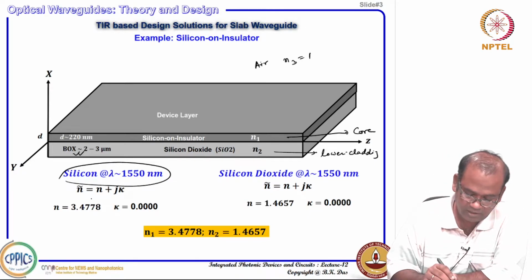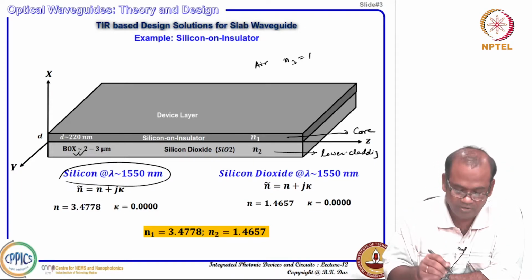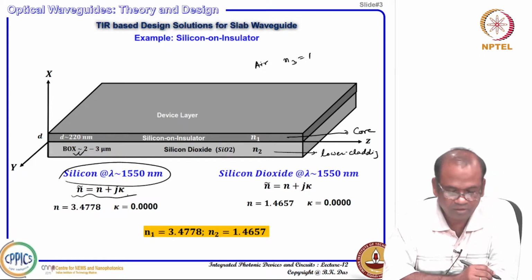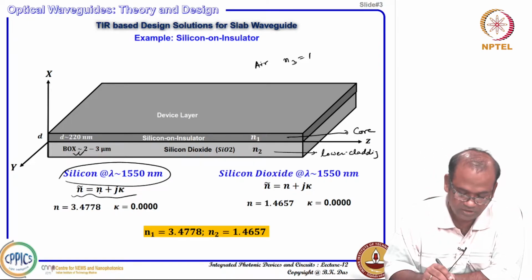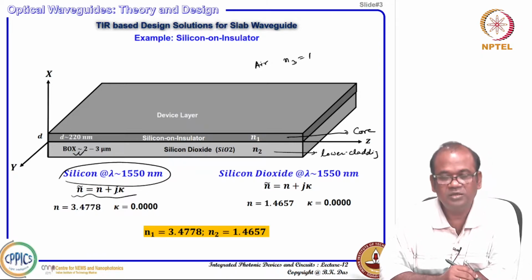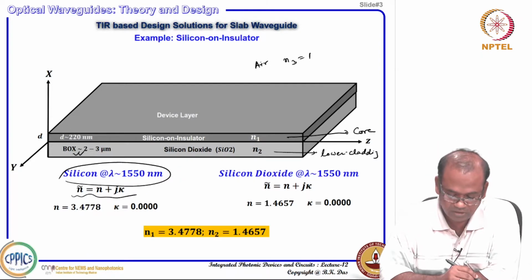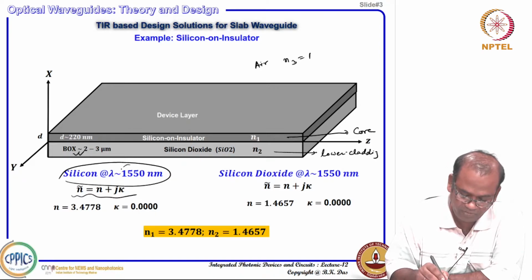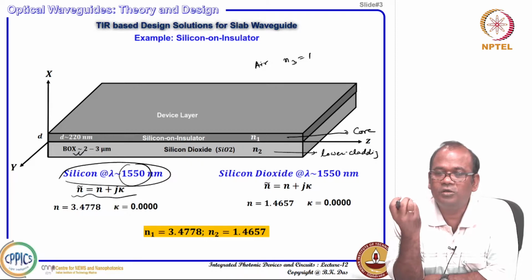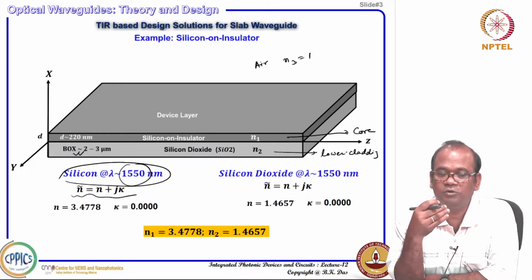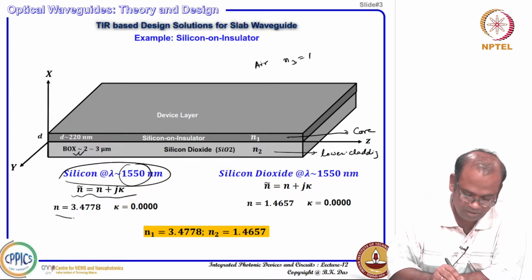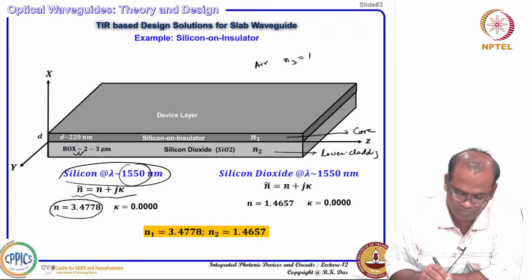We know that any dielectric material or conductor can be represented by a complex refractive index, where the real part is the actual refractive index and the imaginary part is called the extinction coefficient, kappa. At 1550 nanometer the photon energy is sufficiently low, lower than the band gap of the silicon crystal, that is why it is transparent, and you only see the real part of the refractive index. So the imaginary part is 0.